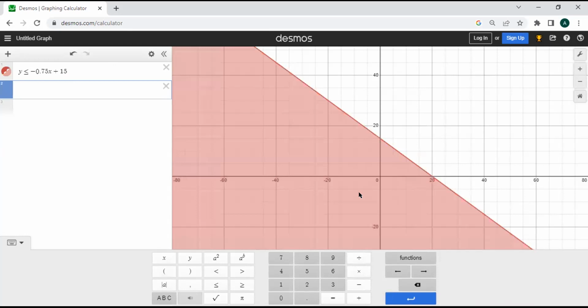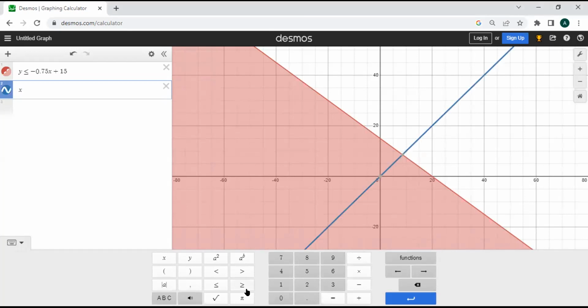What's the next inequality? The next inequality says that the number of B flow phones must be greater than C flex phones. That means that X must be greater than Y. So let's put that in.